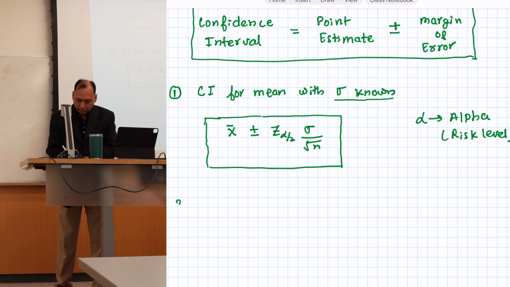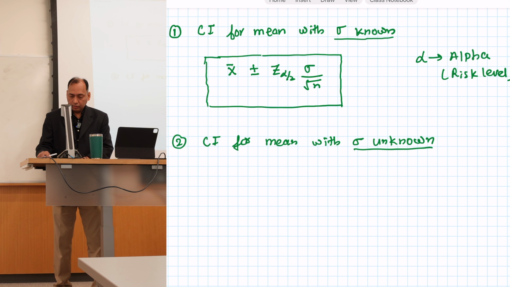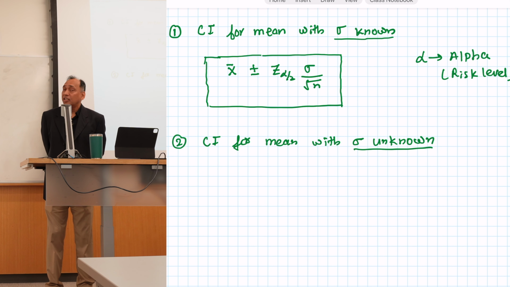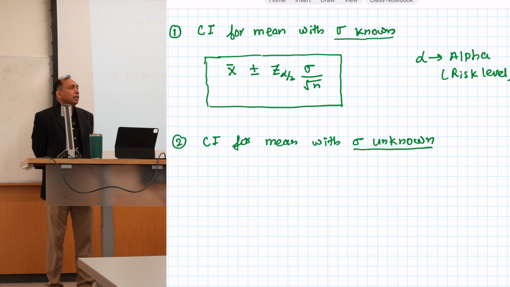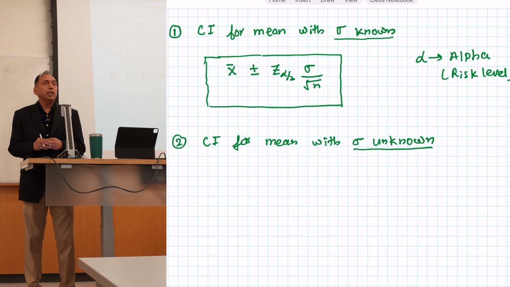Second situation is confidence interval for mean with sigma unknown. So that is the second situation. First situation that says sigma known is not really that practical, because usually we do not know the values for the population.